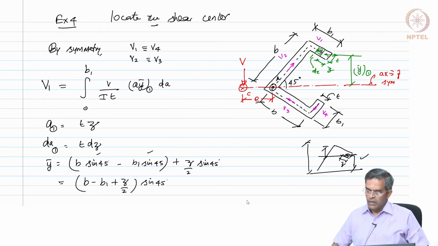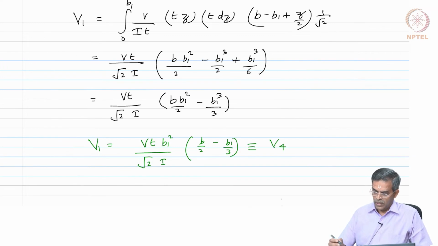Okay. Now, by taking moment about the point A, I do not have to work out V2 and V3 because they are concurrent about the point E. Okay.